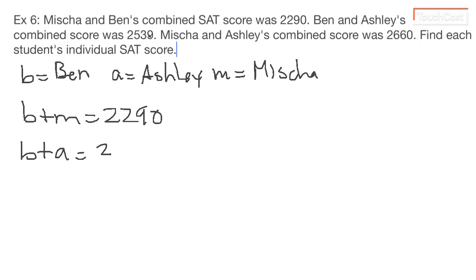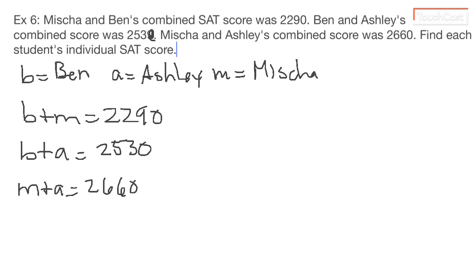It should not be 2539, it should just be 2530. And that Misha and Ashley's score was 2660. So we've got our system now.